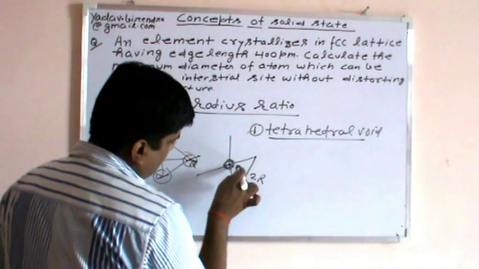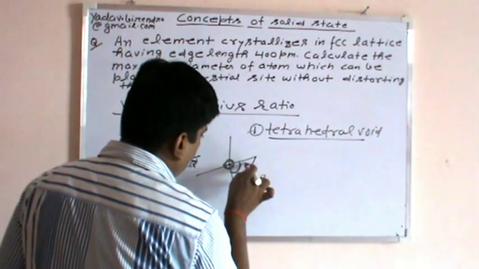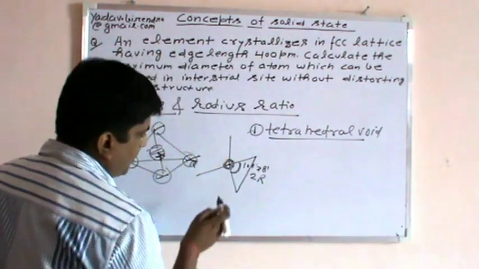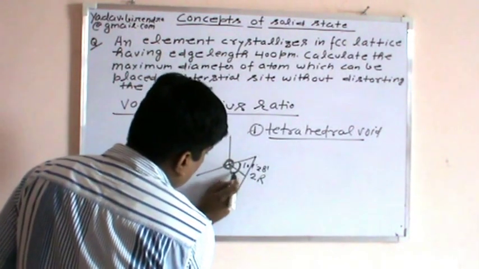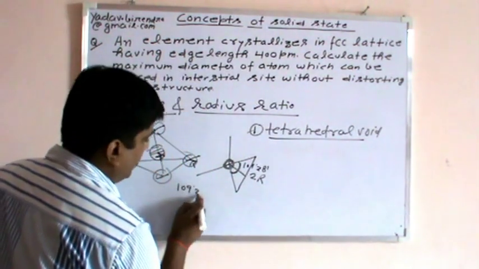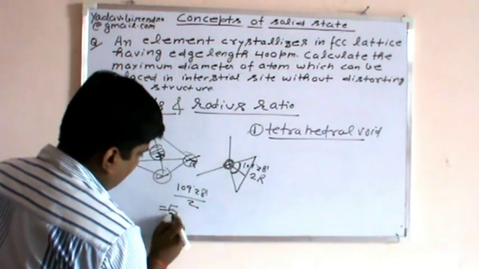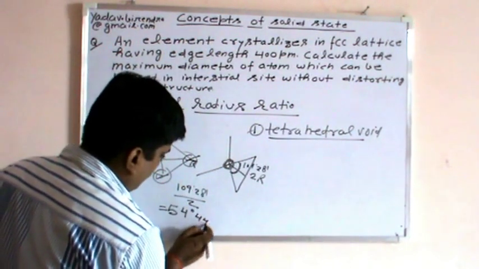As we know, this angle in case of tetrahedron will be 109 degree 28 minutes. So half of this angle will be 109 degree 28 minutes by 2, which is equal to 54 degree and 44 minutes.